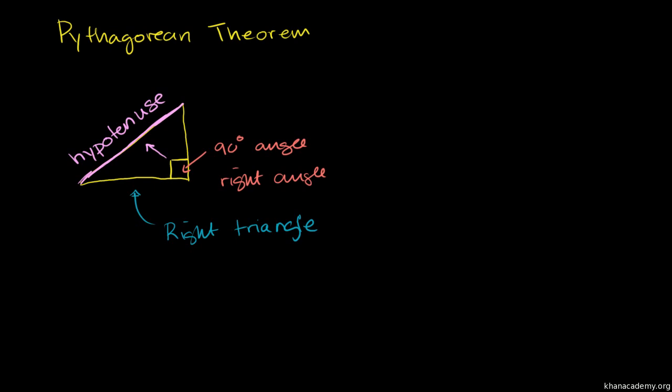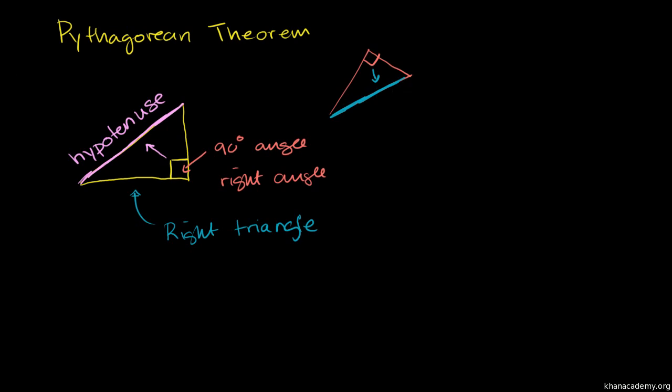And just so we always are good at identifying the hypotenuse, let me draw a couple more right triangles. So let's say I have a triangle that looks like that. And I were to tell you that this angle right here is 90 degrees. In this situation, this is the hypotenuse because it is opposite the 90 degree angle.